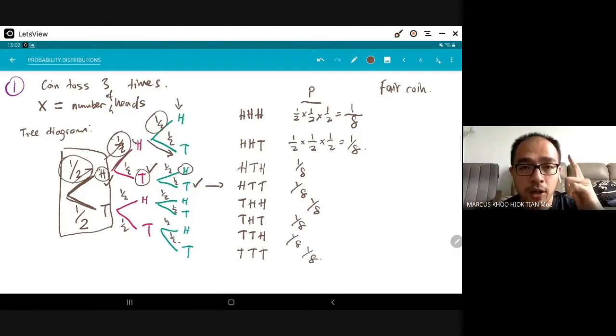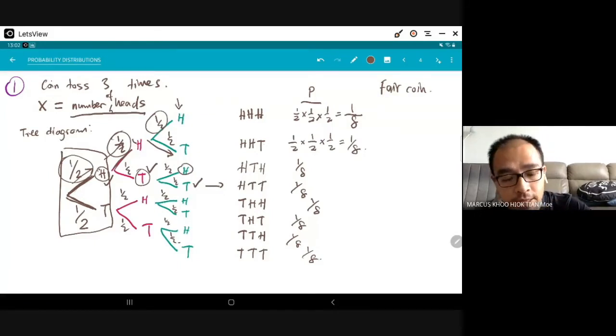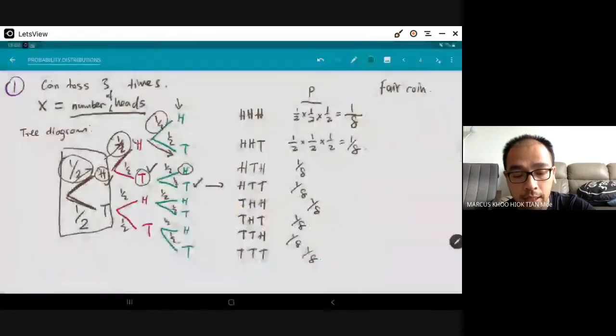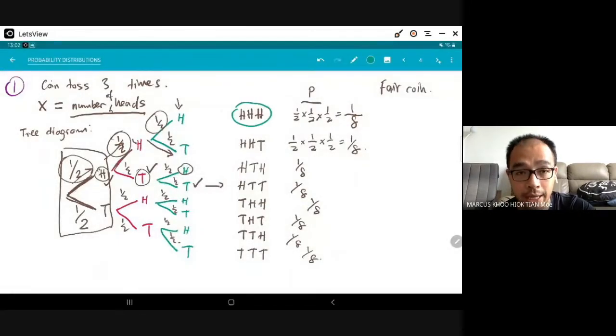Now, we come back to the variable that we want. The variable that we want is the number of heads. In this first situation, how many heads are there? In this first situation, there are 3 heads.